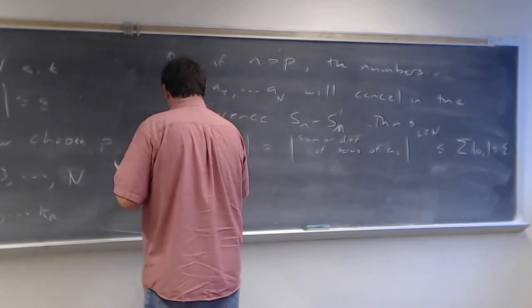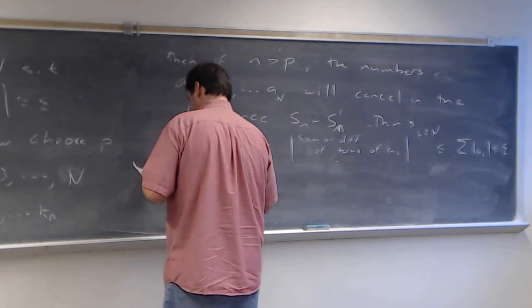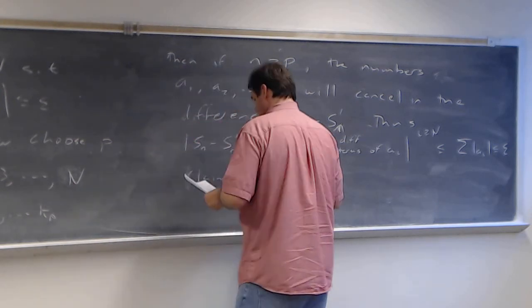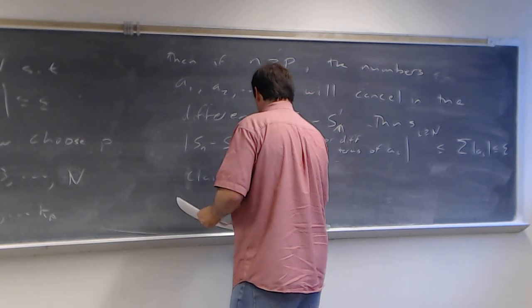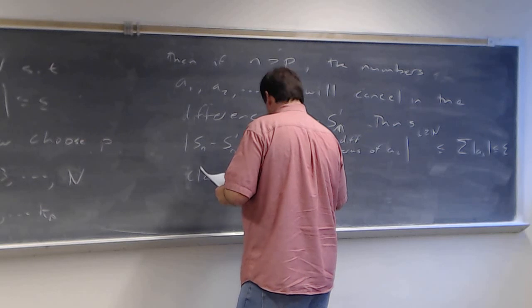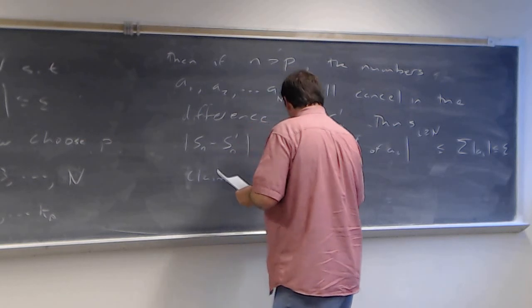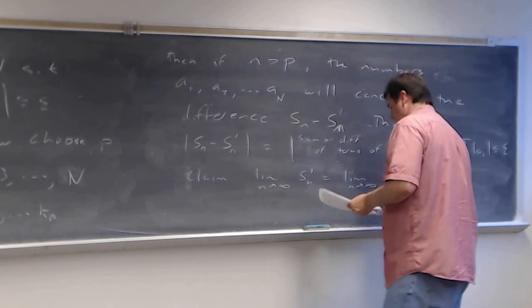Now, here's what I claim. I claim that the limit as n goes to infinity of S of n prime equals the limit as n goes to infinity of S of n.